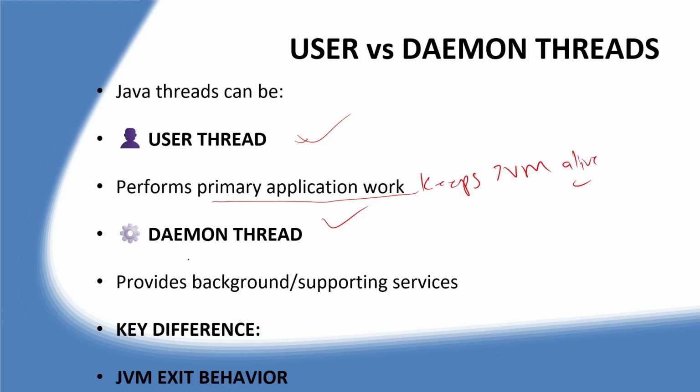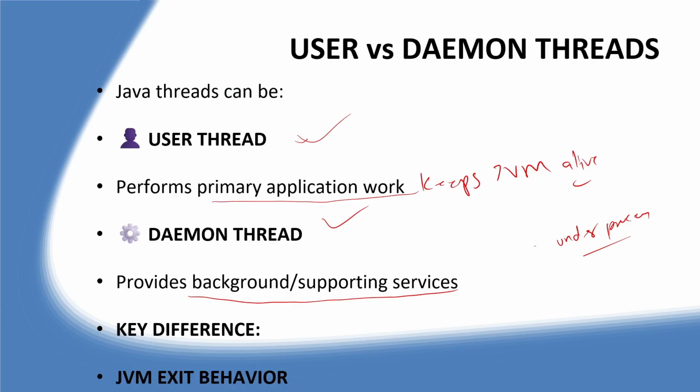Daemon threads typically provide background or supporting services. The most important difference is not simply what kind of task they perform. The key difference is what happens when only daemon threads remain. That means only a daemon thread is still running and the user threads are completed. So what will happen?